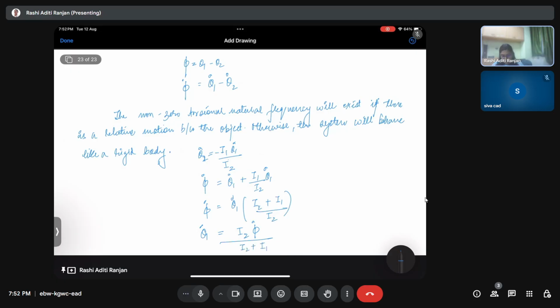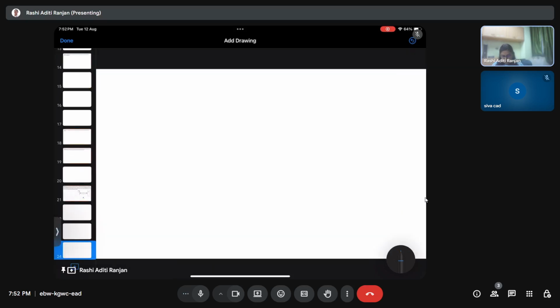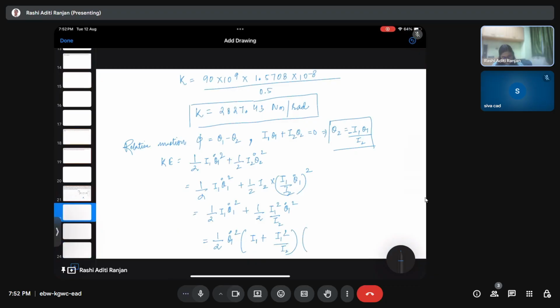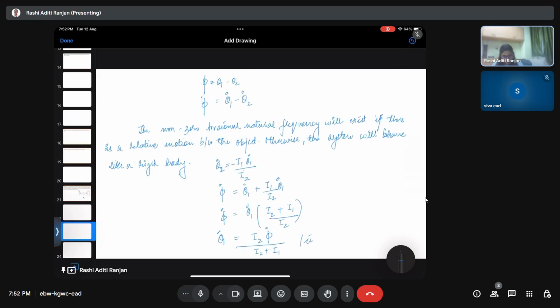Okay. Now if we use these equations, let us name this as 1 and this as 2.